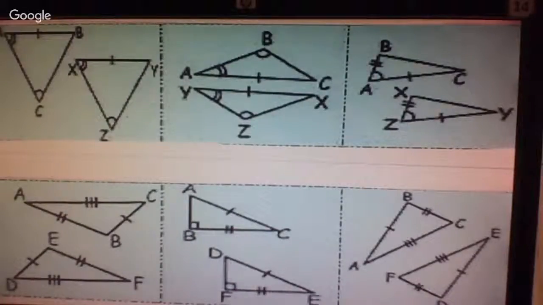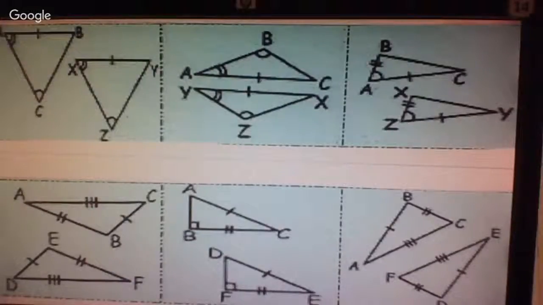So I want triangle what? You want to start off with something different.